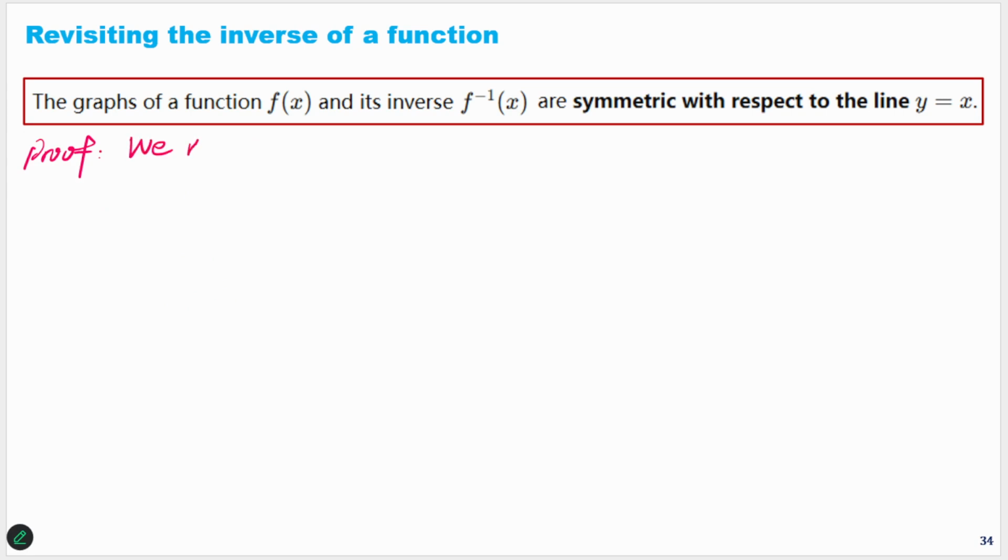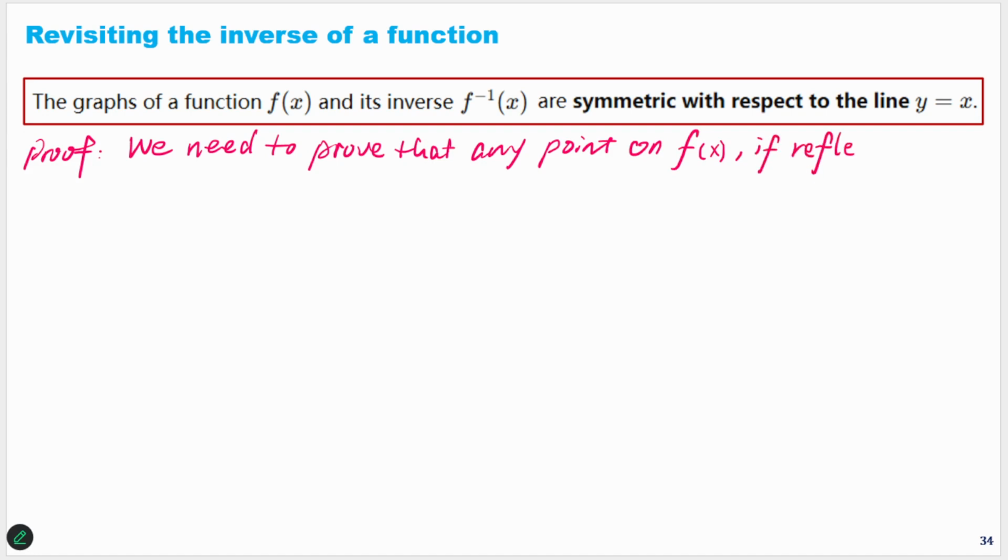We need to prove that any point on the graph of f(x), I'll just say f(x) here to save some time, if reflected in the line y equals x is also on the graph of f inverse of x, and vice versa.